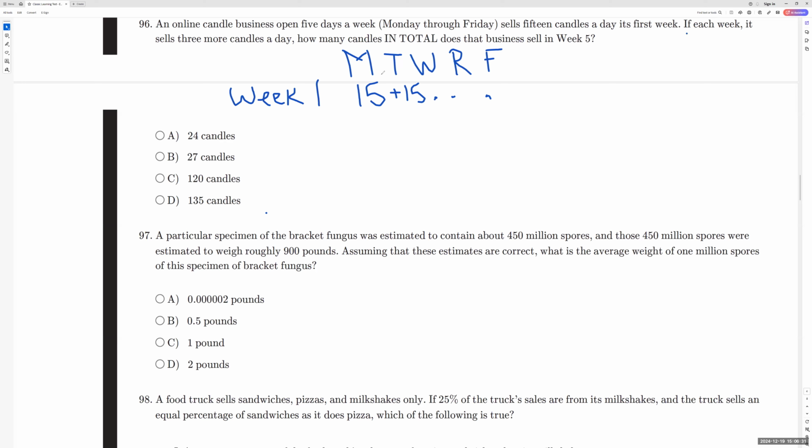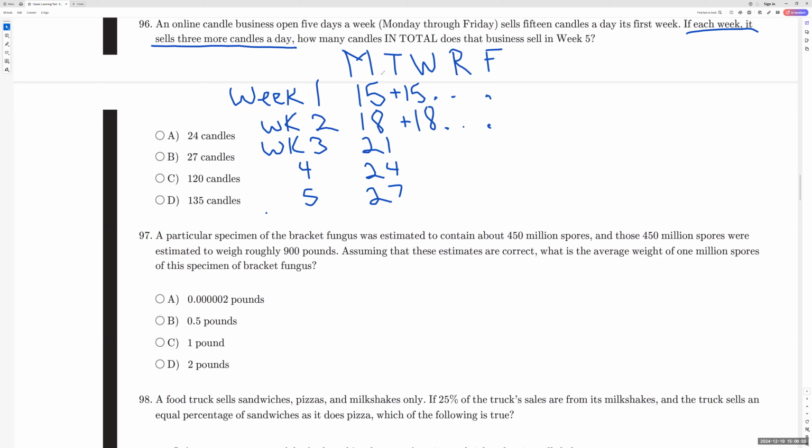Now, we said each week, it sells 3 more candles a day. So that means that for week 2, it's gonna be 18 and 18 and so on, every day 18. So week 3, 3 more, 21, week 4, 24, and week 5, 27, but 27 is only Monday, right?